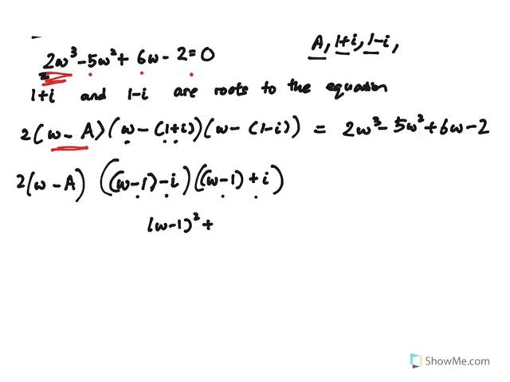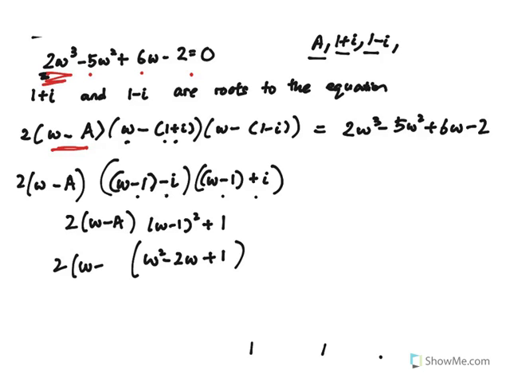Minus i squared is the same as plus 1, so this will give me w squared minus 2w plus 1. On the right-hand side, it will be 2w minus a. Copying down, this is equal to 2w cubed minus 5w squared plus 6w minus 2.